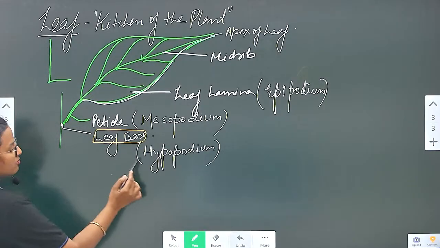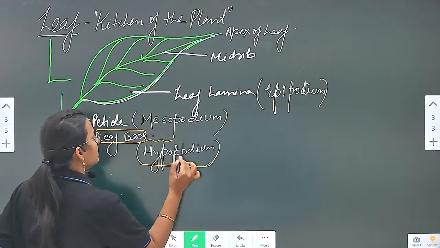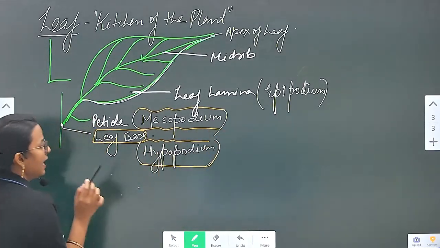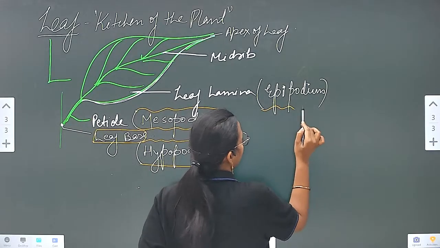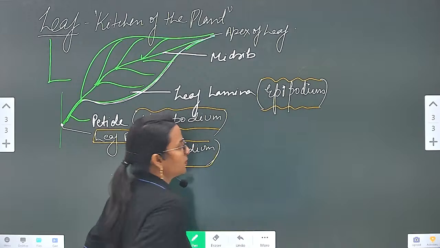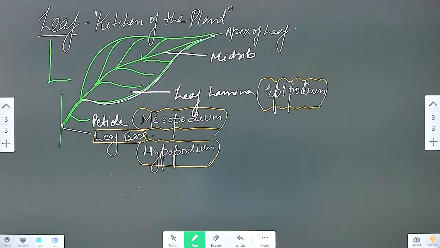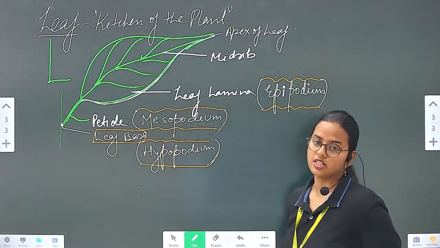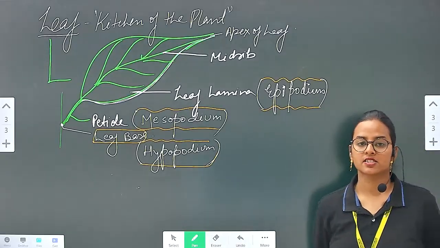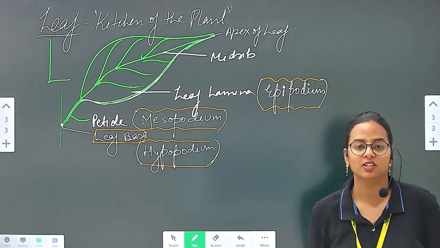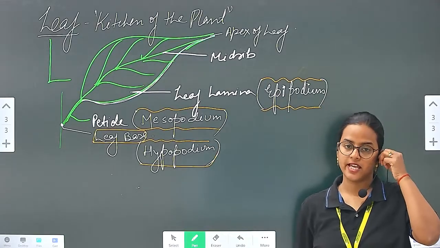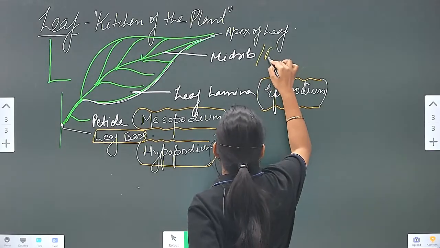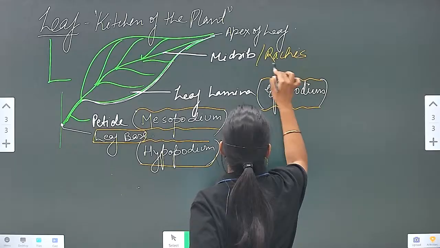So the leaf base is called the hypopodium. The petiole is called the mesopodium, and the leaf lamina is called the epipodium. Is that clear? Yes. So these are the three parts that are important for us to know, because everybody is aware of the petiole, the leaf lamina, the midrib. Yes, and the midrib has one more name, that is what? Rachis.